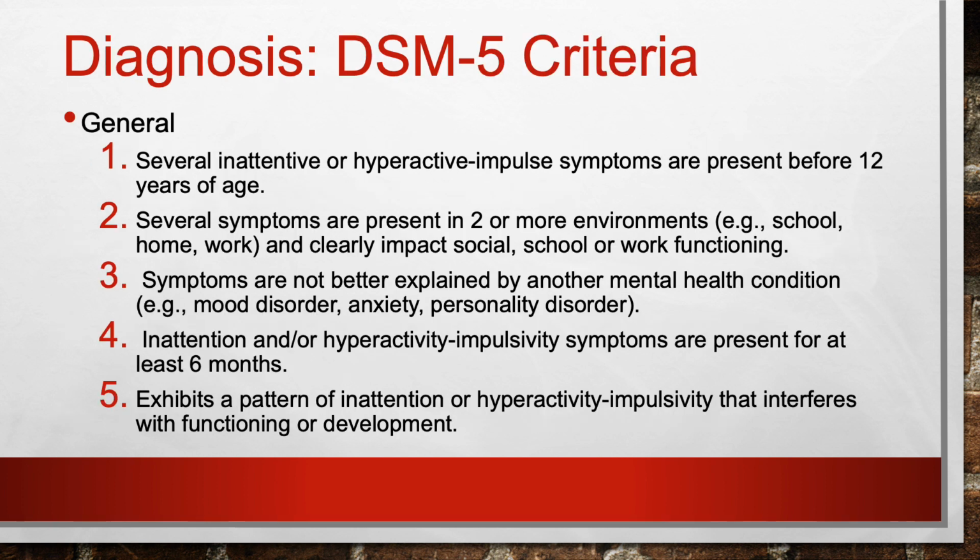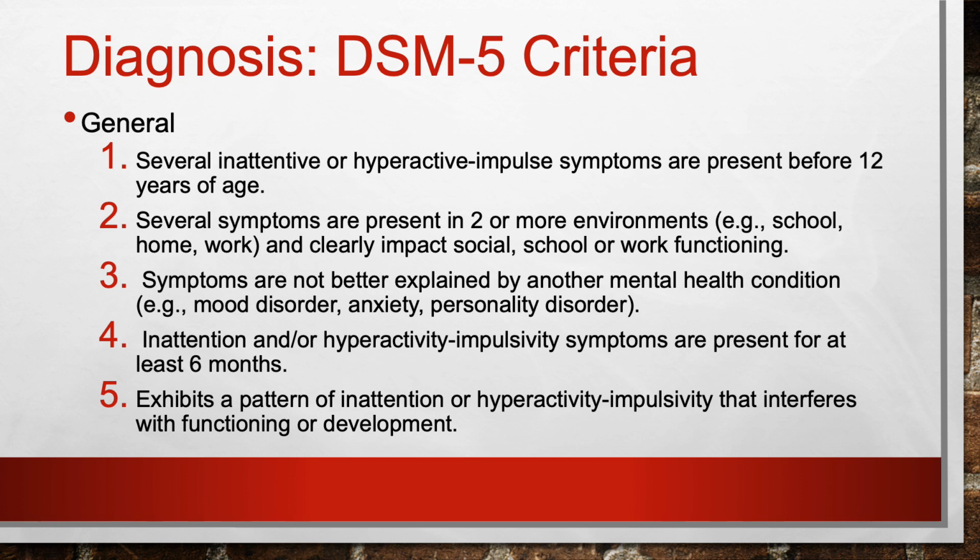There are several general criteria for diagnosis from the DSM-5. 1. Several inattentive or hyperactive impulse symptoms are present before 12 years of age. 2. Several symptoms are present in 2 or more environments.